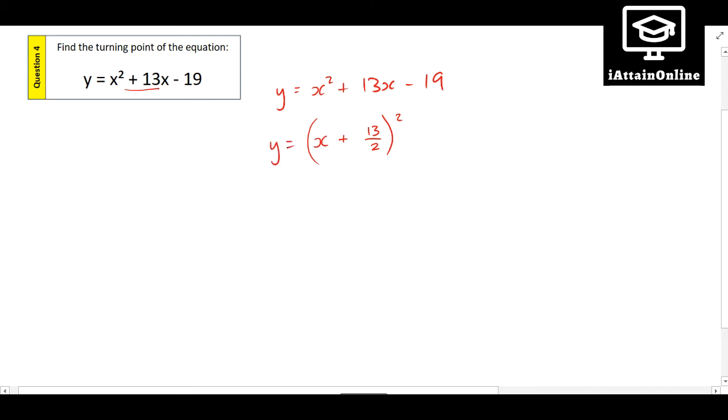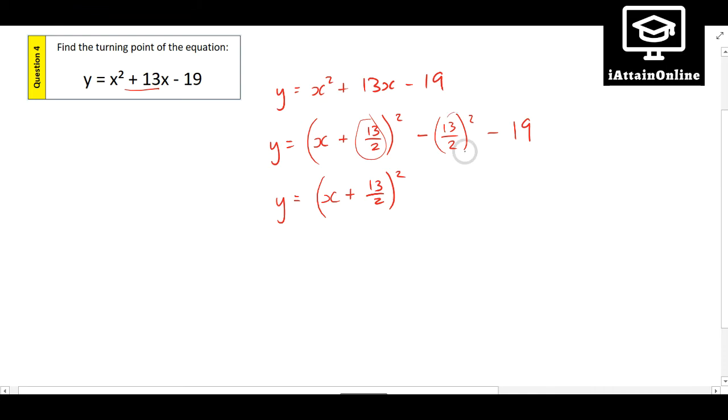So y equals x plus 13 over 2 squared. We then want to subtract this bit squared, and then we can put that minus 19 on the end.